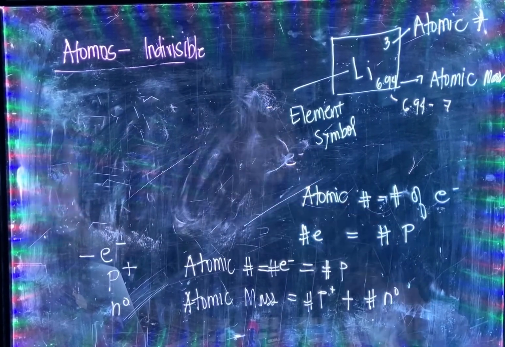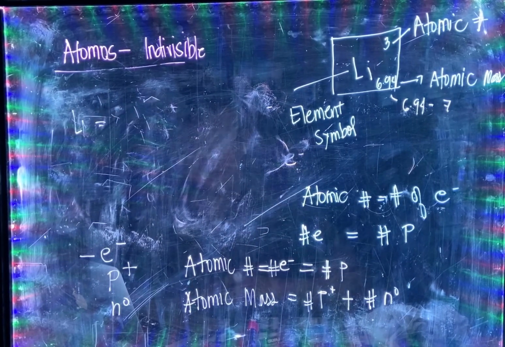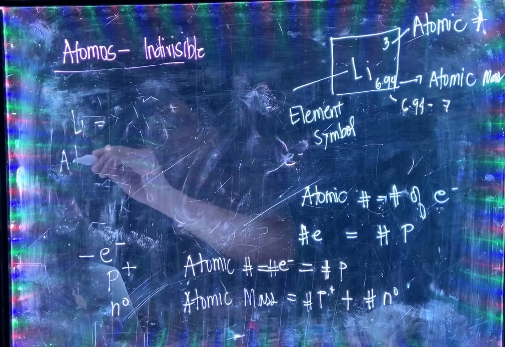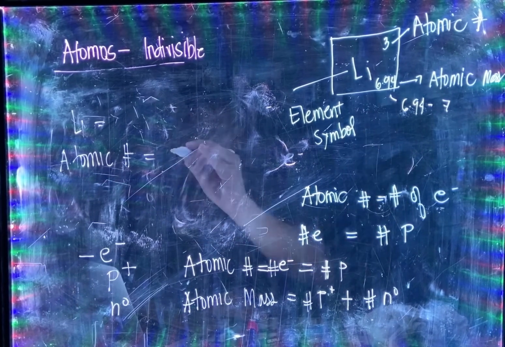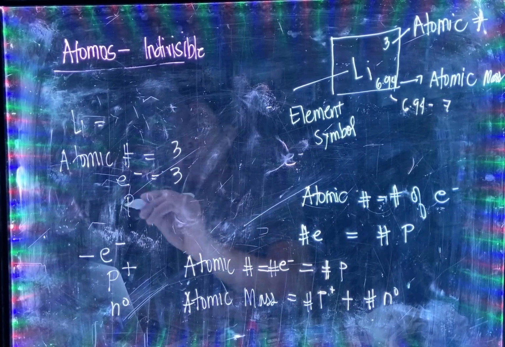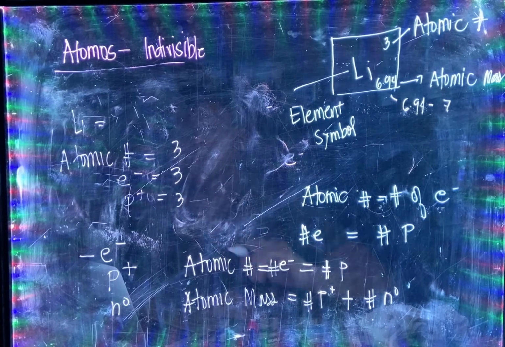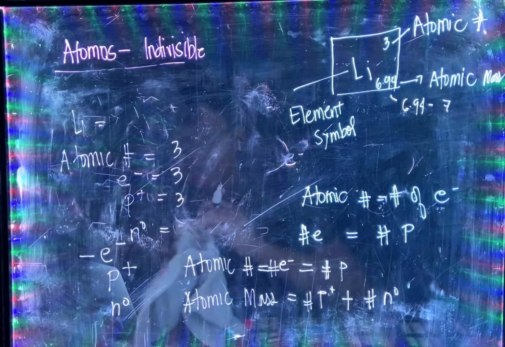So for lithium, we can say that atomic number is equal to 3. So electron is always equal to 3 as well. Proton is also 3. How about neutron? What will be the number of neutrons?